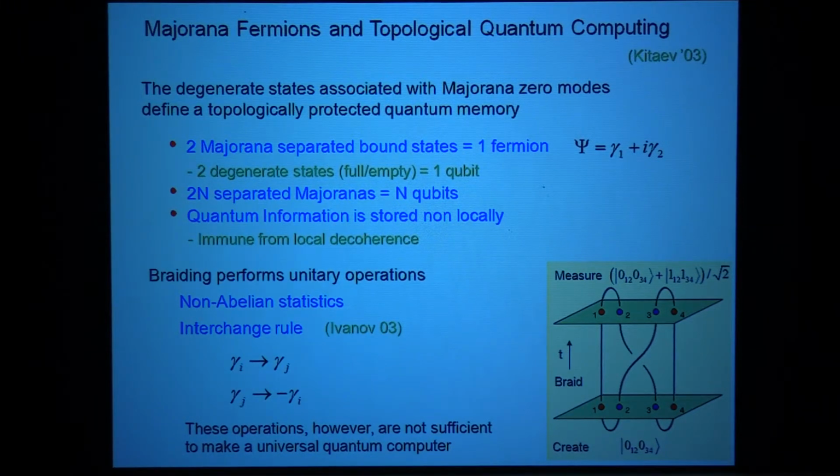That's the origin of this minus sign, and you have to go through a little bit of algebra to see that this interchange rule gives you this transformation. I can't do that off the top of my head right now, but it follows from this.